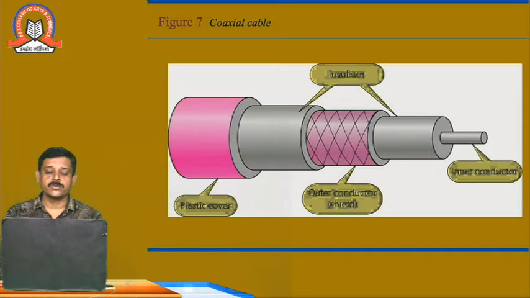Then it has an outer conductor or an extra shield for protecting the signal and giving extra earthing for the signals, and this whole coating is covered with a hardcore plastic cover.